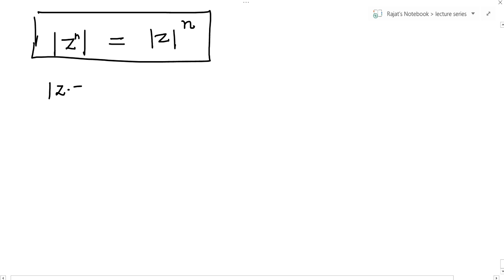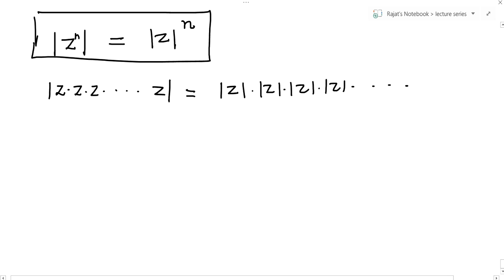Modulus of z to the power n is nothing but modulus of z into z into z into z, n times. So I can split it into mod of z into mod of z into mod of z into mod of z, and this is nothing but modulus of z to the power n. So this is one property.